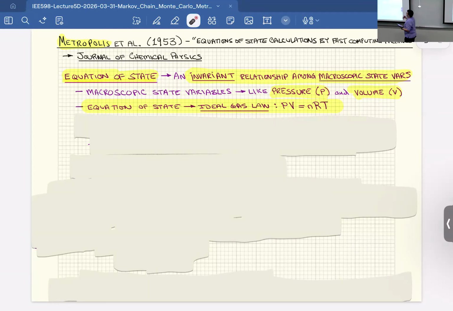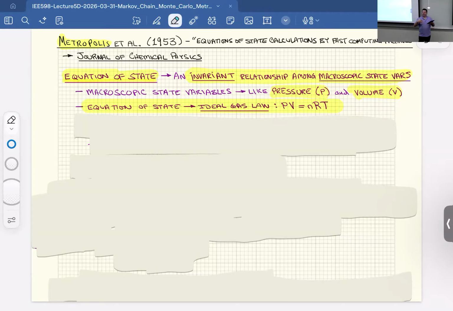And so the idea here is that you have a bunch of microscopic state variables that an integral will end up allowing you to solve for these macroscopic properties like pressure and volume. And then hopefully you can discover these equations of state.